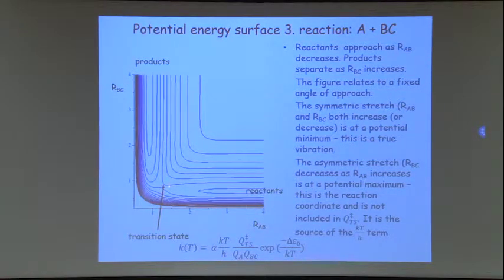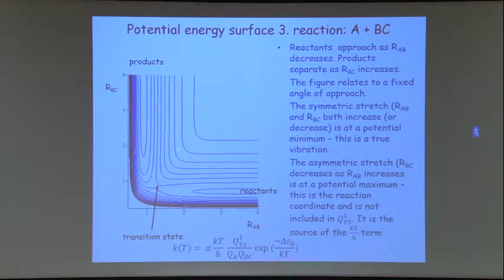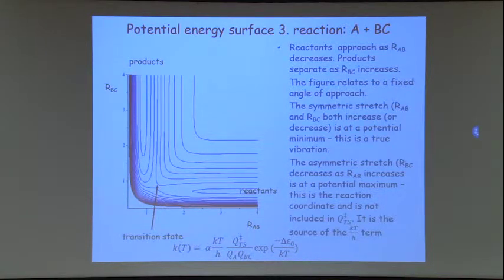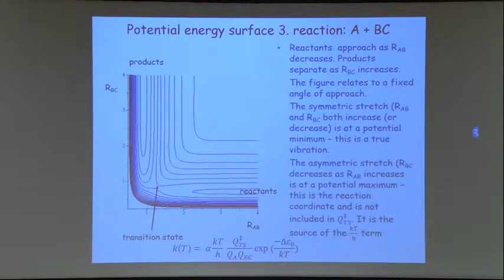And if we move out in this direction here, which if you remember is the symmetric stretch for the molecule for the transition state ABC, then the energy increases in both directions. There's a restoring force. It's a genuine, proper vibration. But if you go in this direction along here, then this is at a maximum. So we've got two contrasting situations.